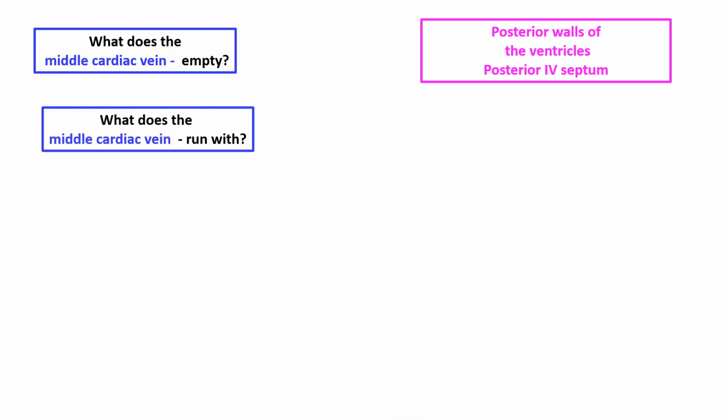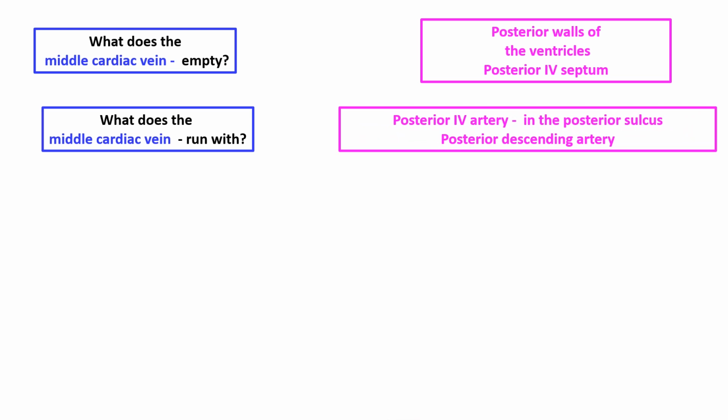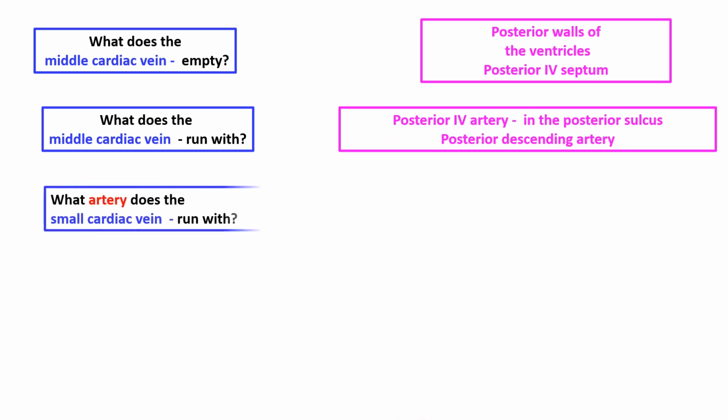What does the middle cardiac vein run with? Middle cardiac vein runs along the posterior interventricular groove or sulcus. Therefore, it is running with the posterior interventricular artery. What artery does the small cardiac vein run with? It runs in the coronary sulcus between the right atrium and the right ventricle.